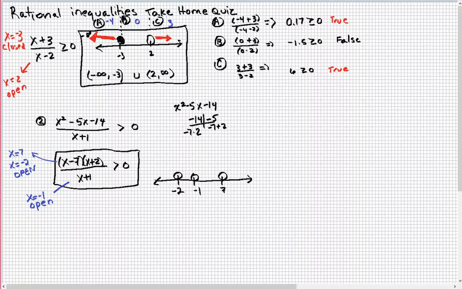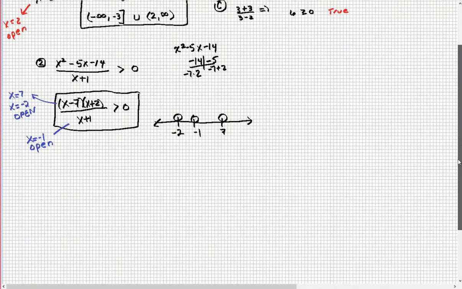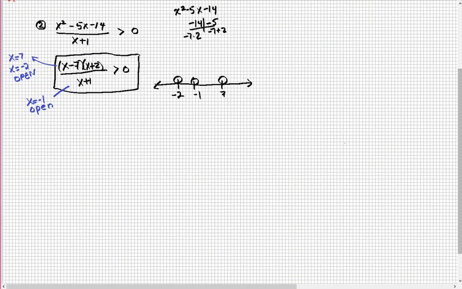Which means this is not a parentheses. It is a bracket. I think that's the only mistake. Yeah, that should be it. Oh, if you find another one, let me know by email. All right, all of these are open, so that won't matter.